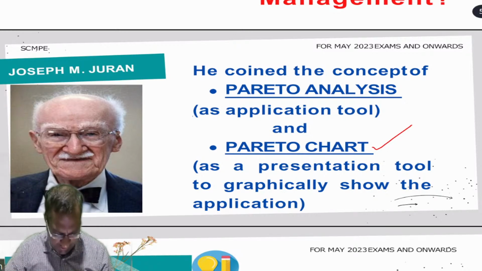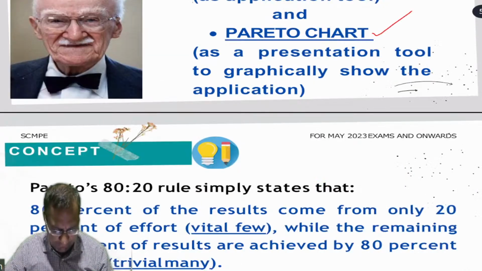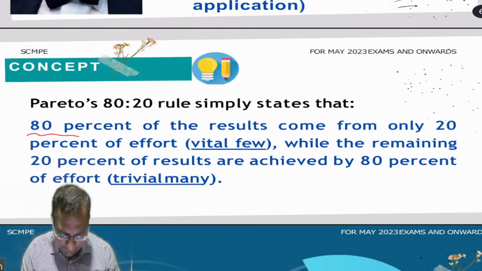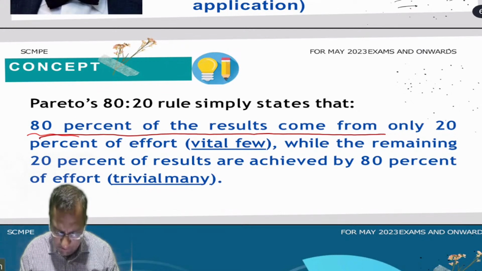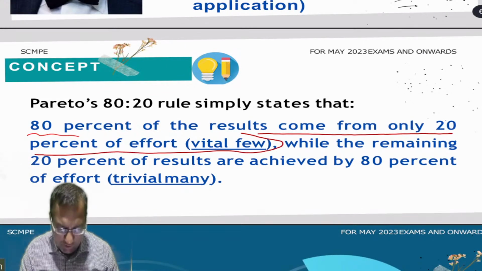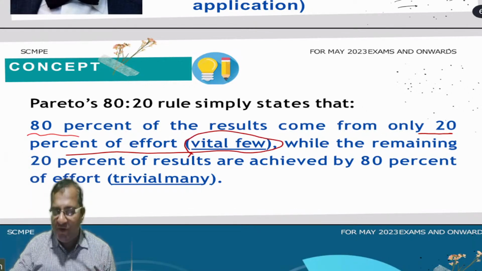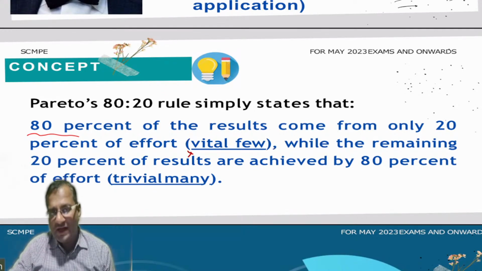ओके बेटा, चलिए देखिए क्या बेस है इसका, क्या कंसेप्ट है इसका, पढ़ते हैं इसको. 80% of the result come from only 20% of efforts. इन्हें बोला जाता है vital few. आप 20% एफर्ट्स पर फोकस कीजिए, they are providing you 80% result.